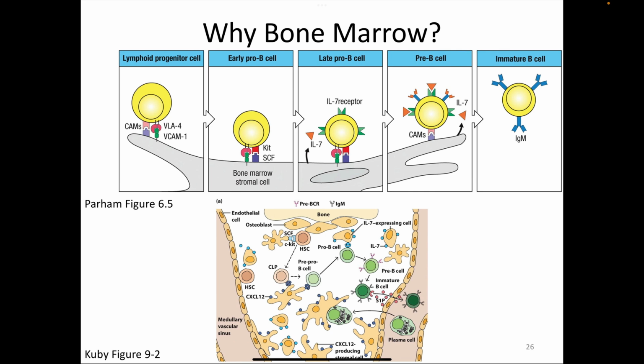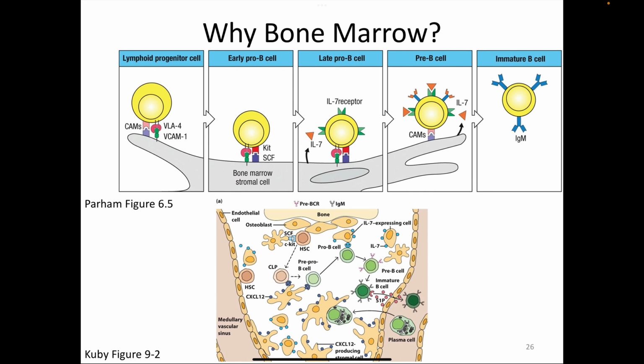And so you can see those cells of the bone marrow, the structural cells, are making all sorts of factors that can keep those developing B cells, and the developing T cells when we get there, alive. One of the most famous ones is one called IL-7, which is a cytokine. It's a survival cytokine. So basically IL-7 makes cells survive, particularly lymphocytes.